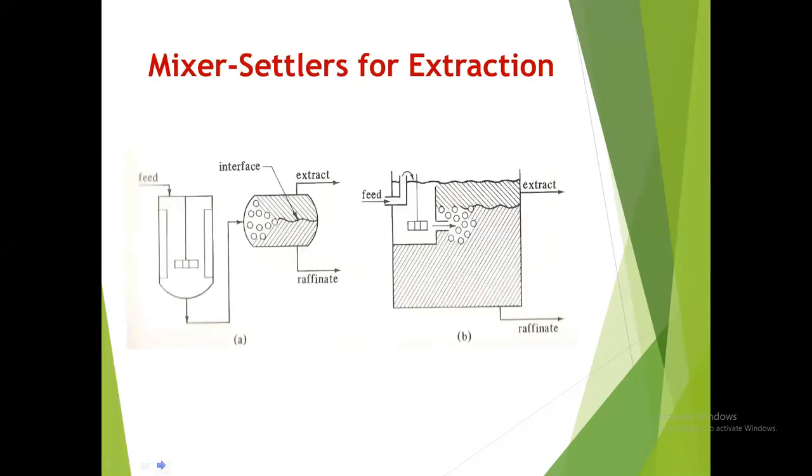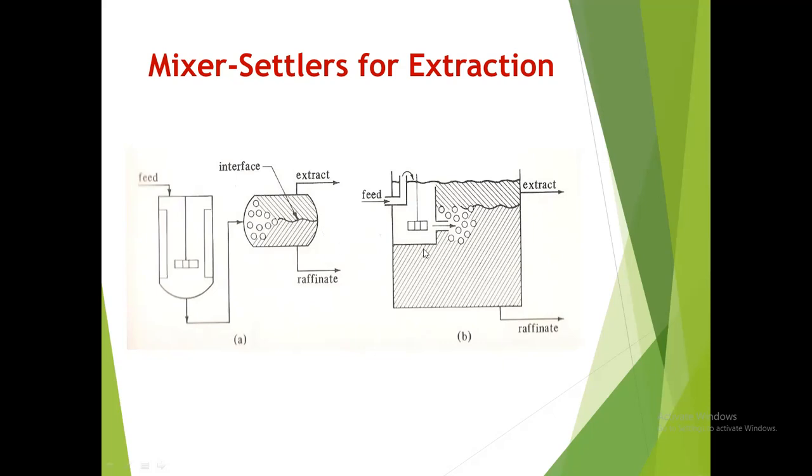The first equipment here is the mixer settler type, wherein you have a single feed, you have it equilibrated, you mix it, you homogenize the system, and then the system after homogenization goes to a separator. It's referred to as a separator because this is where you have the separation of the two immiscible layers, the extract and the raffinate layer, after equilibrium.